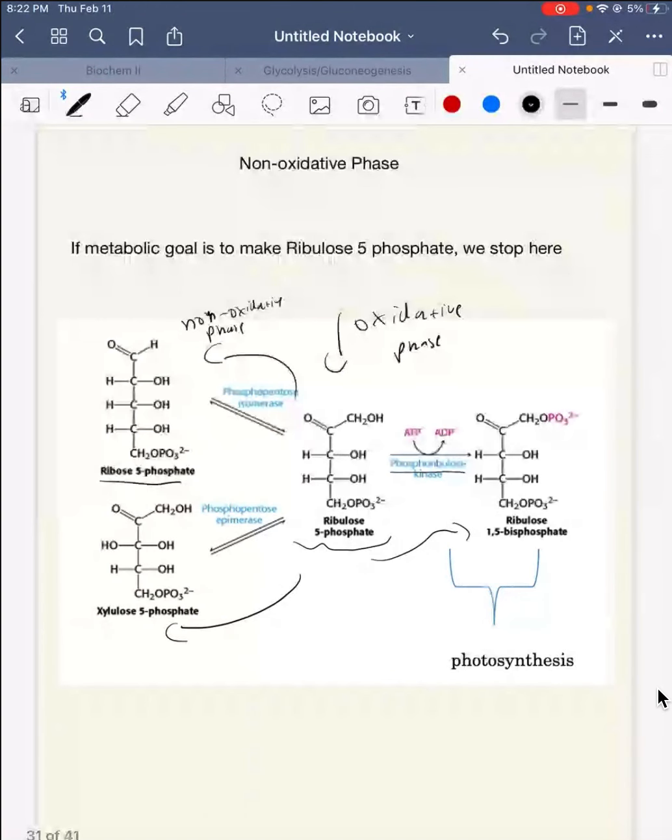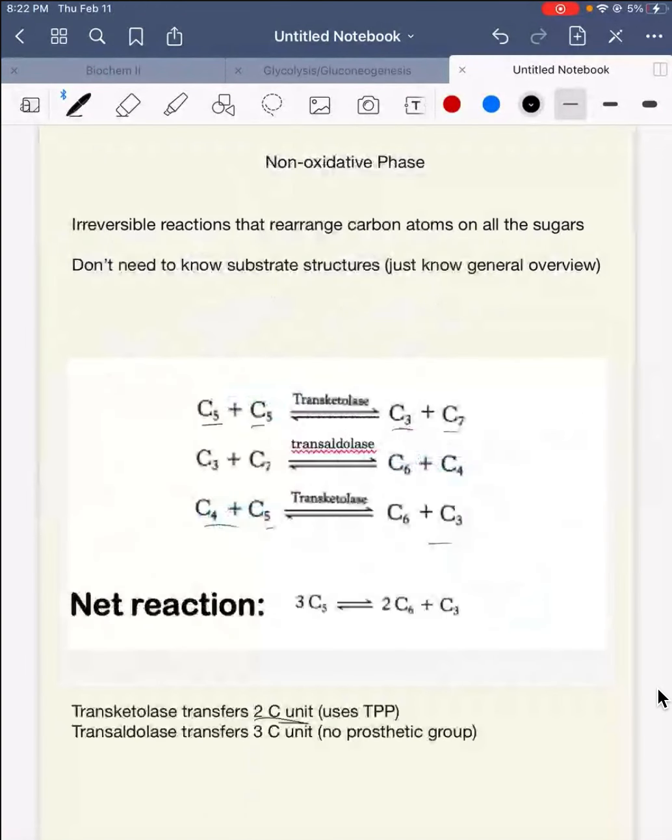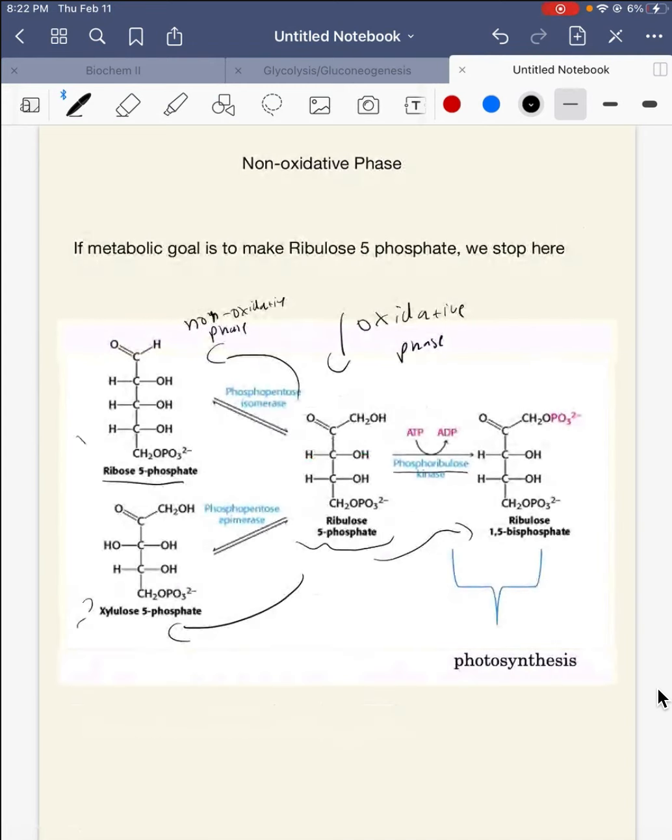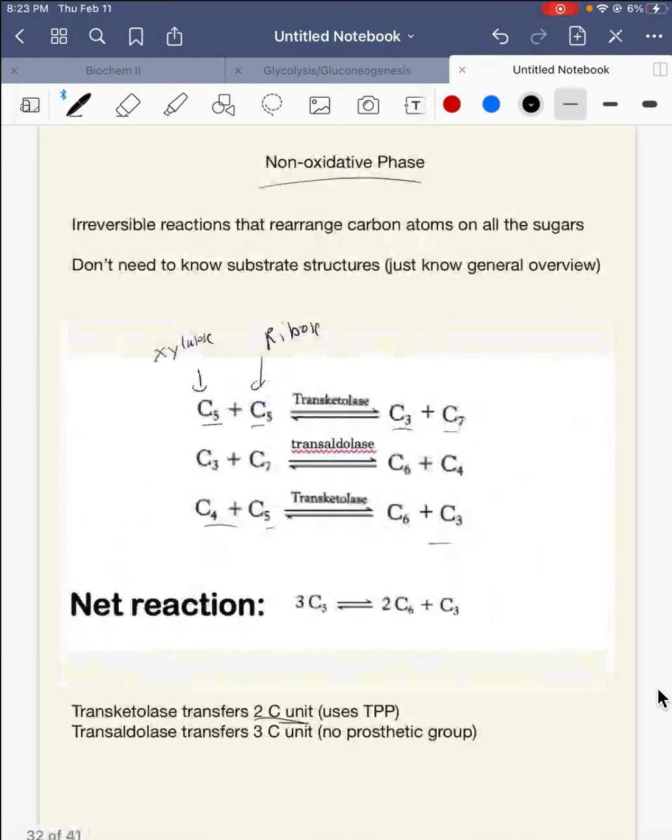Okay, so this is a general overview of what the non-oxidative phase is about. So this would be our xylulose and our ribose. Those are the two that we made. What the non-oxidative phase does is take two carbon 5 molecules and make a C3 and a C7.